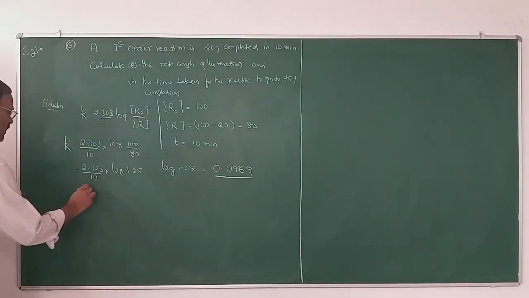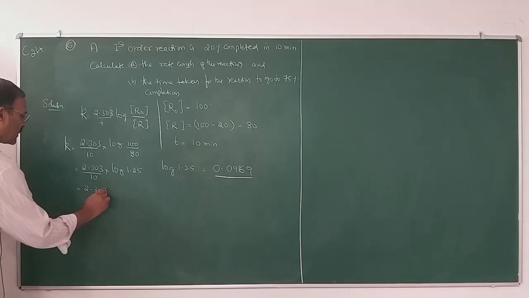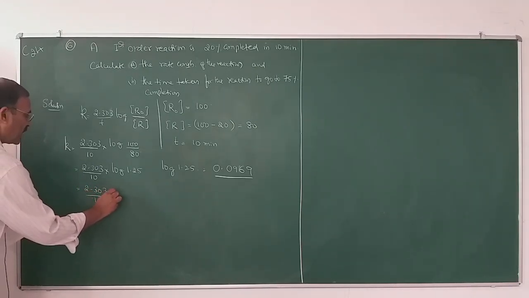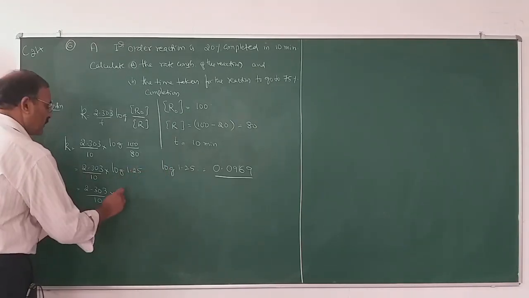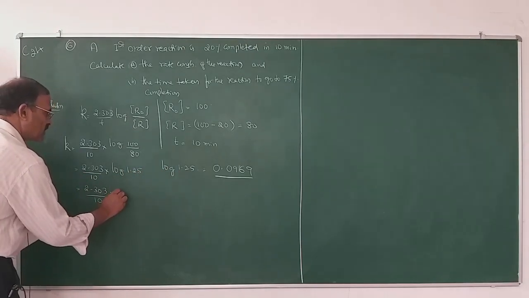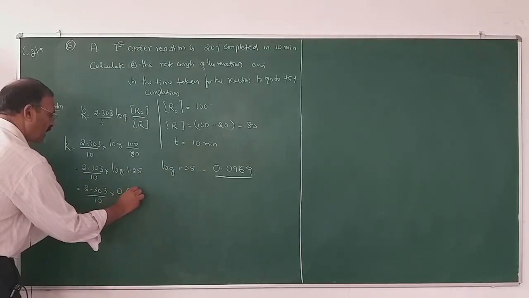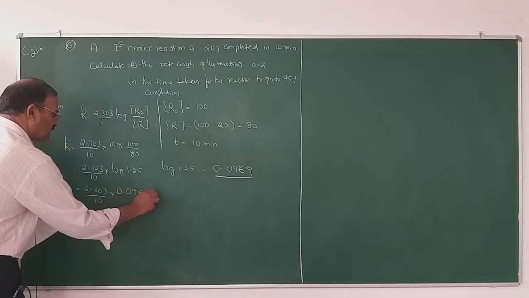So this equals 2.303 divided by 10 into logarithm of 1.25, equals 0.0969.